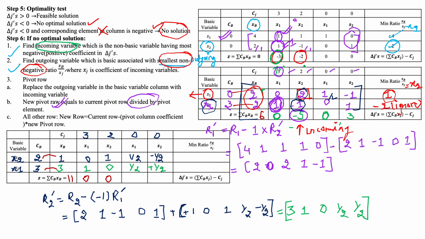Then 2 into half is 1, plus 3 into half is 3 by 2, then minus cj is 0, so it will be 5 by 2. 2 into minus half is minus 1, 3 into half is 3 by 2, and what is my cj value?